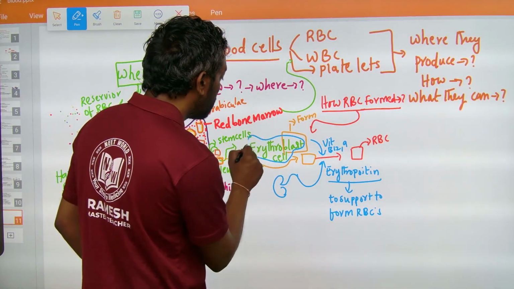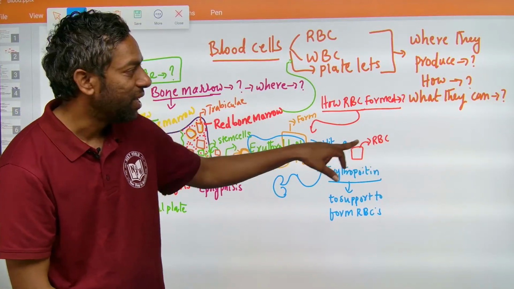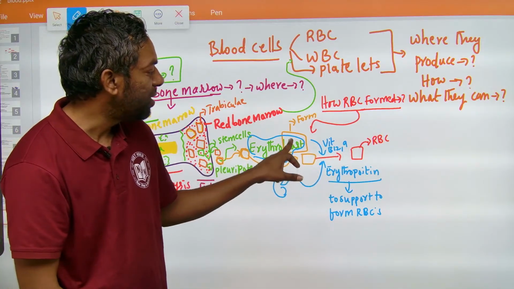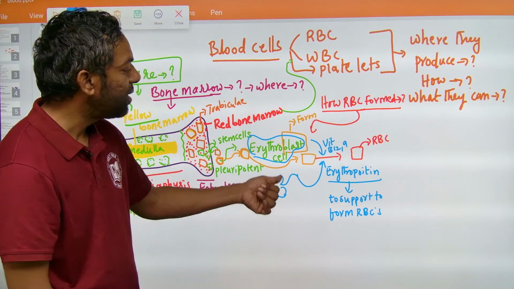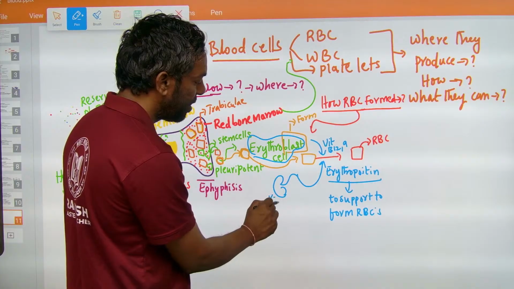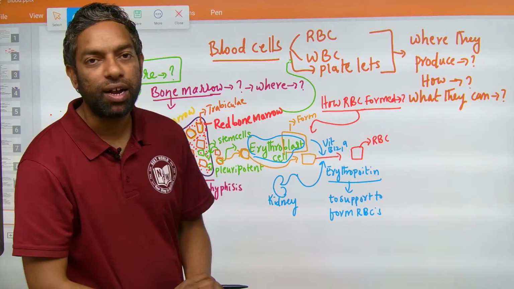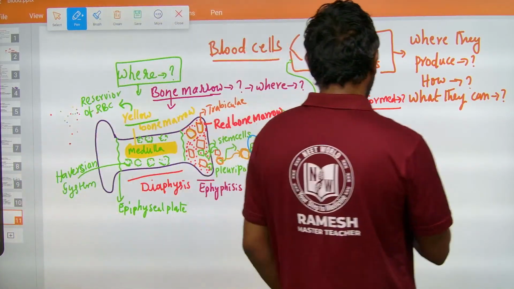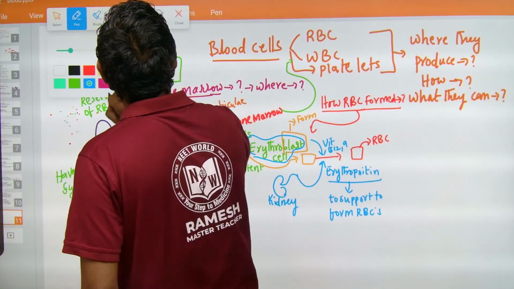The erythroblast cell forms RBC. With erythropoietin, produced from the kidney, they encourage the erythroblast cell to turn into RBC, and vitamin B12 is also useful. Finally, this RBC can reach the blood vessel.